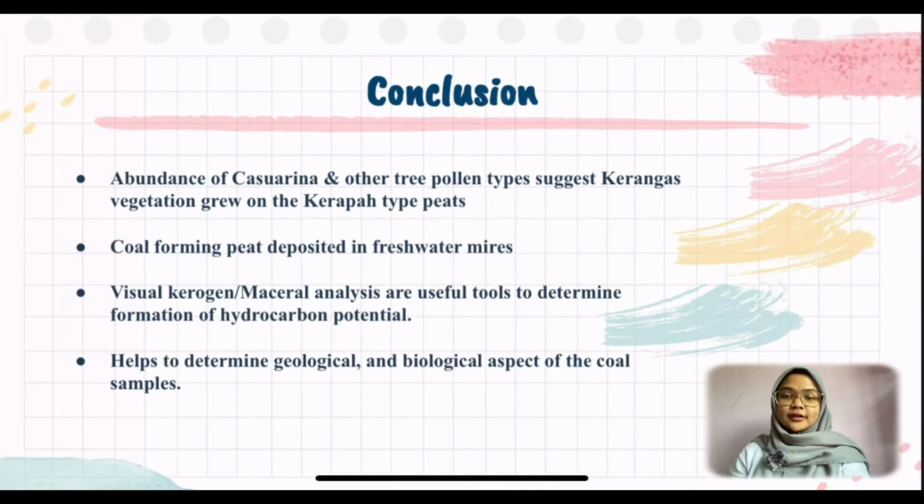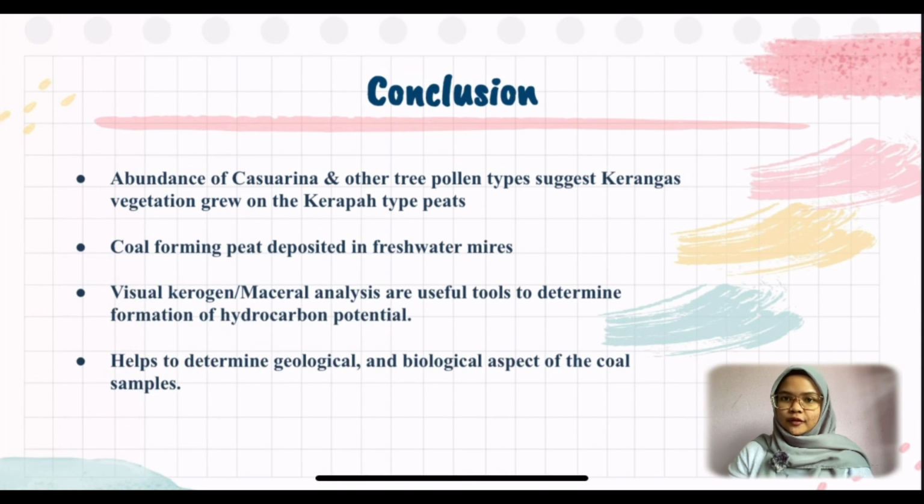From the journals that we have covered, we can conclude that the abundance of Casuarina and the other three pollen types suggests Kerangas vegetation grew on the Kerapah type peats, locally bordered by rattan and pandanus swamps in a very wet climate.